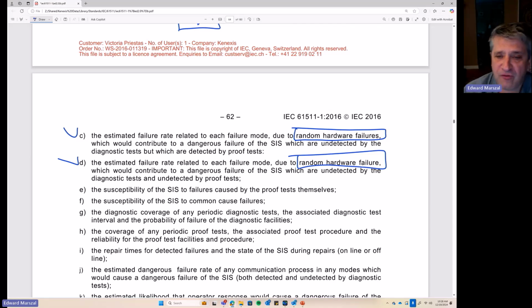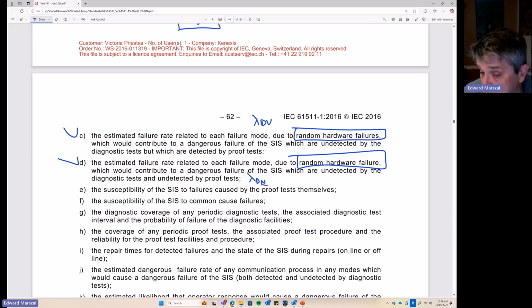So for item C, random hardware failures, this is going to be lambda DU: dangerous failures that are undetected by diagnostics but are detected by proof tests. And then item D is lambda DN, the never detected failures.